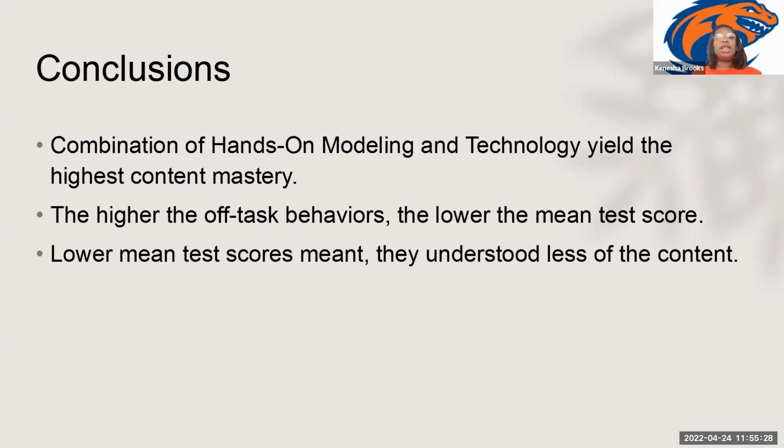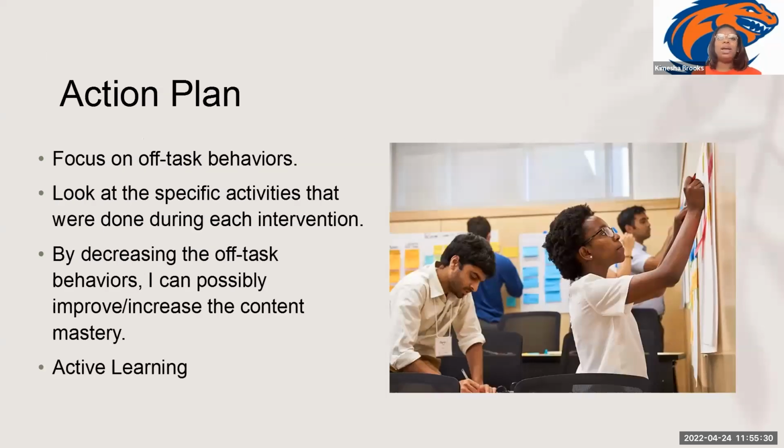So I want to look more specifically at the actual activities that were being done with their assessment scores. By decreasing the off-task behaviors, I can possibly improve or increase the content mastery. And I would really like to focus this around active learning in the classroom.